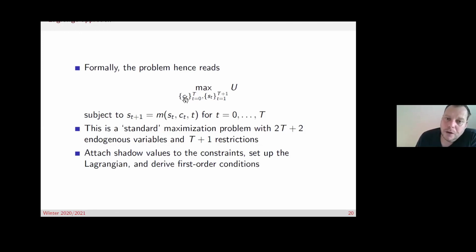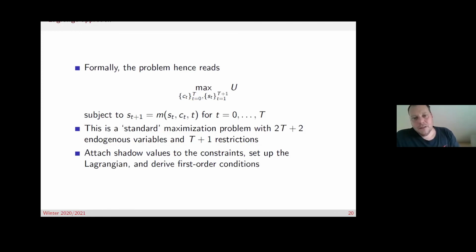Well, you have the controls from 0 to capital T, so from today until the end of the planning horizon, and you choose implicitly the states starting from tomorrow, but lasting until capital T plus 1. So capital T plus 1 is the state that you leave at the end of the planning horizon. This is the rest that is left of the state once the planning horizon is closed.